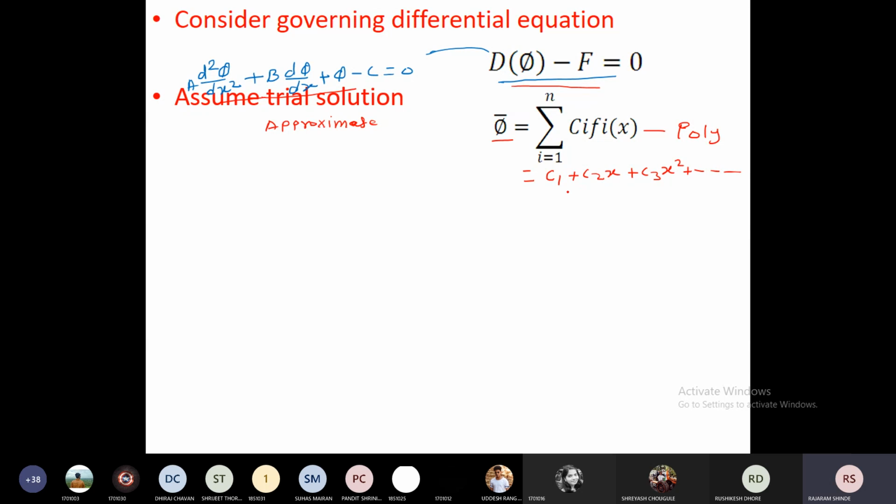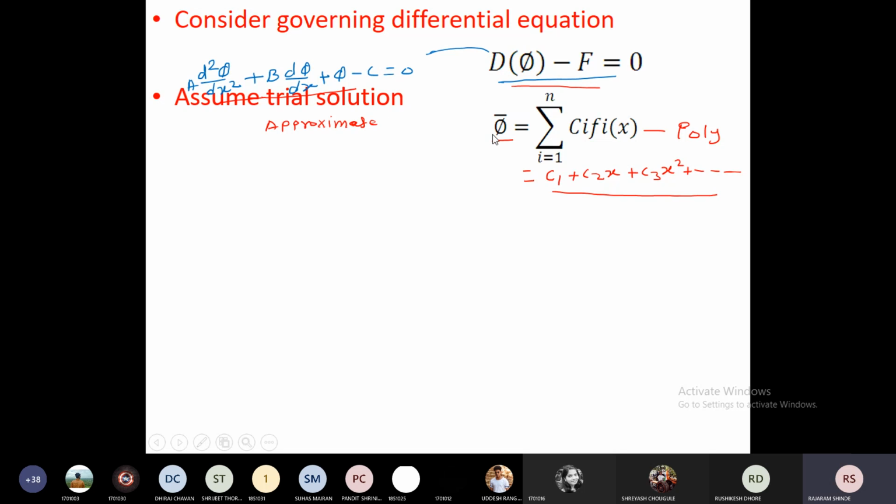Do you agree with this? Here, this is in the form of a polynomial. I have selected the approximate solution to this differential equation. Are you getting this? Okay.